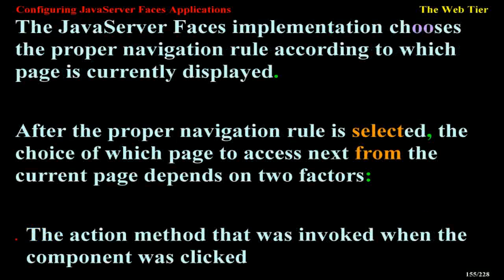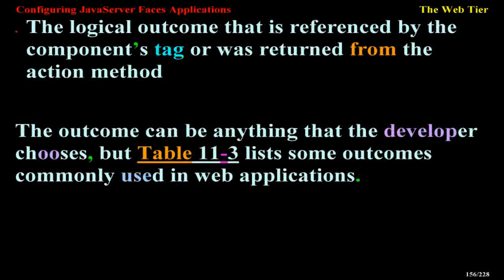After the proper navigation rule is selected, the choice of which page to access next from the current page depends on two factors: the action method that was invoked when the component was clicked, and the logical outcome that is referenced by the component's tag or was returned from the action method. The outcome can be anything that the developer chooses, but Table 11-3 lists some outcomes commonly used in web applications.